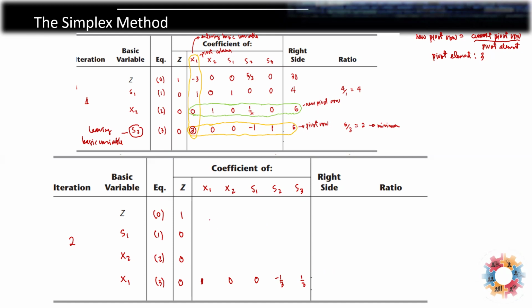And then we now determine the entries of this, hopefully final, table. We'll check using the optimality test if this is our final table. We will also divide the right-hand side. That 6 will be divided by 3. That's equal to 2.